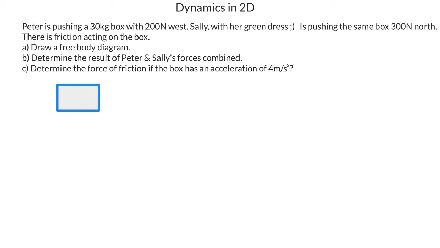So we know here that this box is going to have gravity acting on it and the normal force acting on it from the ground. And that's going to cancel each other out. The hard part is how do I include those forces along with the force of north and west?